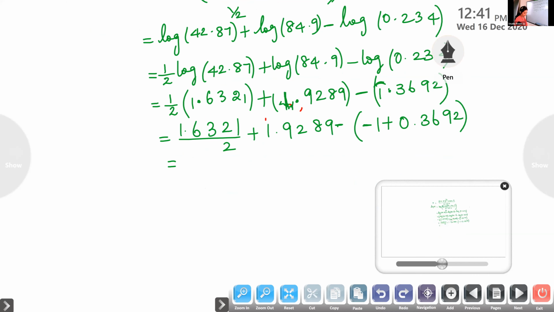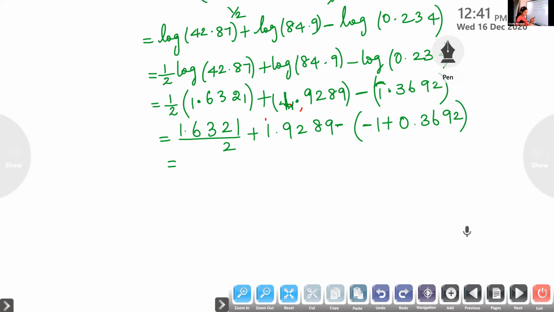Aishwarya, do it and give the answer. 1.6321 divided by 2 is 0.8165, correct.